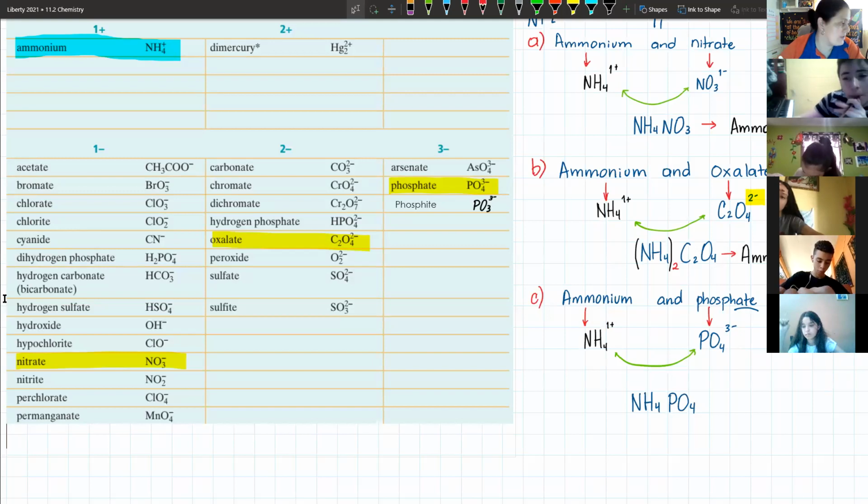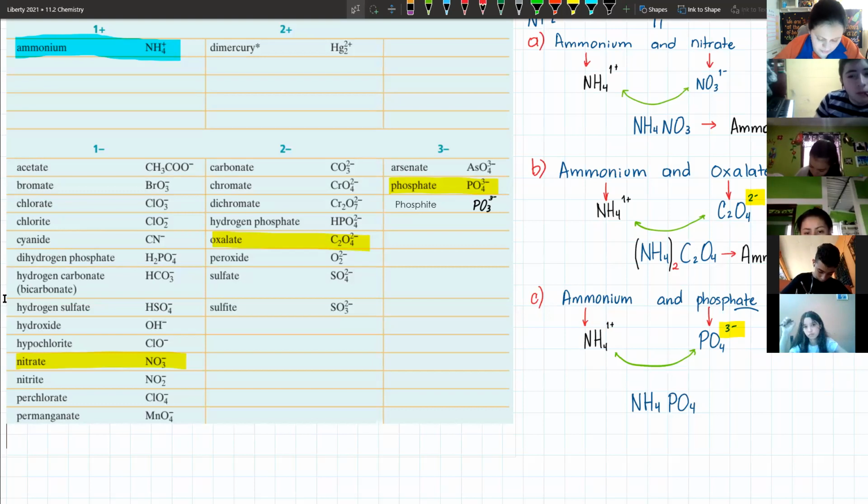What do you do with the 3? We pass it to the other side after parentheses, after ammonium. So there you go, the parentheses in ammonium and the 3 from phosphate written after, like that.